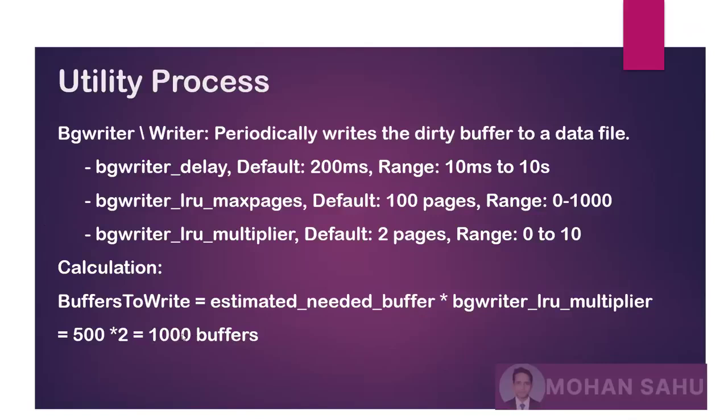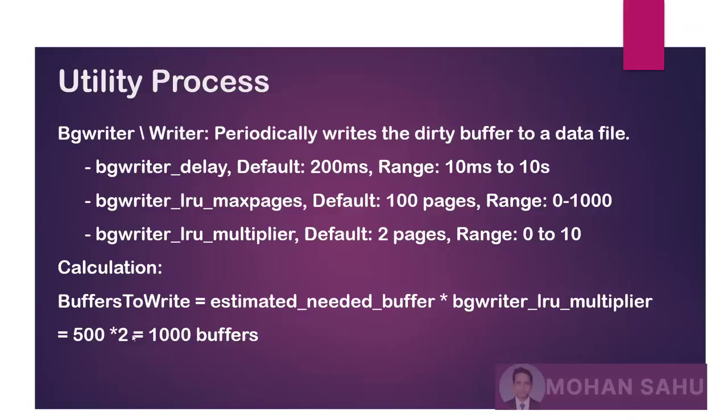Once this value is calculated, it will be compared with the max pages. In the case of this example, it calculates that 1000 buffers should be written and the max pages is also 1000, so it will write 1000 buffers from the buffer to the disk. For example, if the max is 1000 and the calculated value comes as 1500 buffers, the limit is still 1000, so it will write only 1000 buffers.